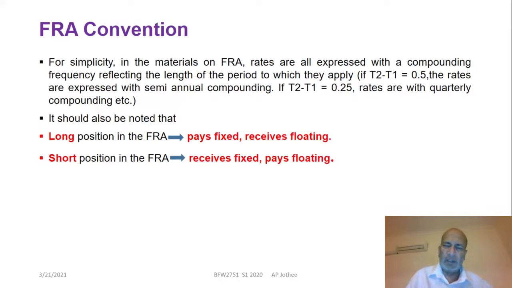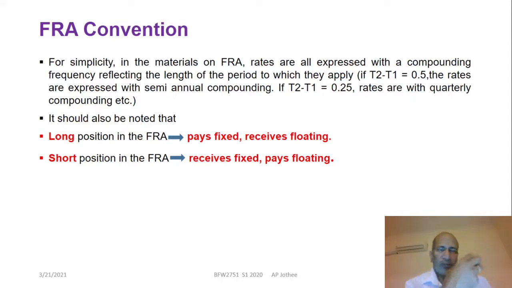If T2 minus T1 is 6 months, then it is 0.5, the compounding time is 0.5, and I express it as semi-annual compounding. If T2 minus T1 is 0.25, the rate is for 3 months and is compounded quarterly. So it should also be noted that a long position in an FRA. See, buying an FRA, you can buy either a long position or a short position.